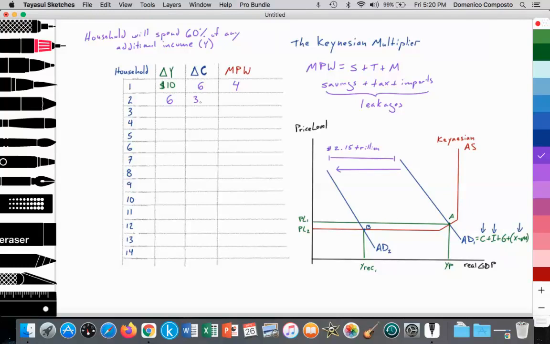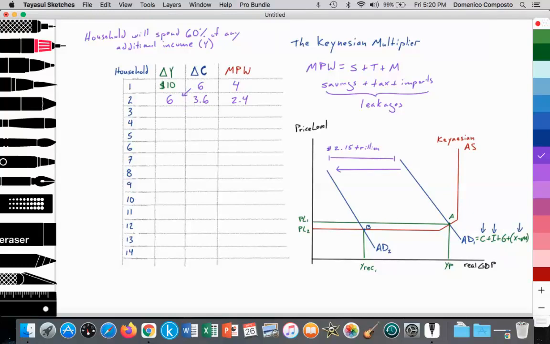So that works out to 3.6. And we're going to round the decimal values to the second significant figure. And they're going to save $2.4. Okay, so that additional $6 from the first household is going to the second household that is providing goods and services that was purchased by the first household. Second household will spend $3.60 and will save $2.4.